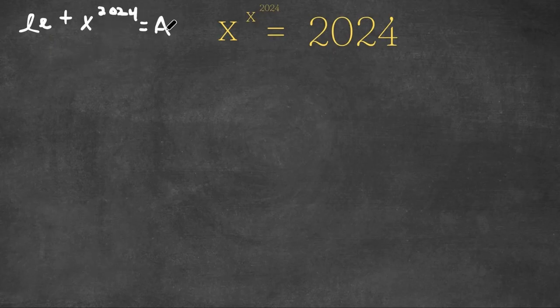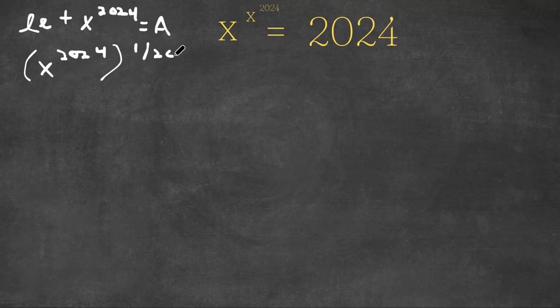So now I'm going to take the power of 1 over 2024 on both sides from here. So now we have x to the power of 2024, to the power of 1 over 2024, is equal to a to the power of 1 over 2024.